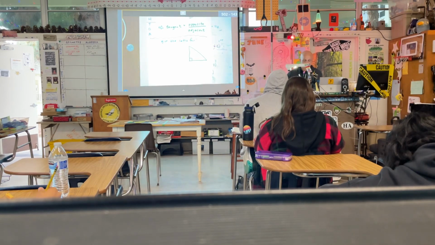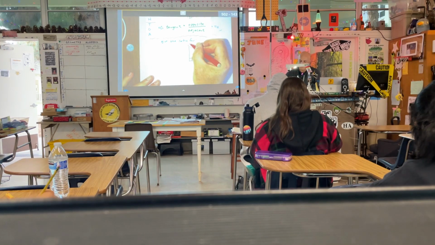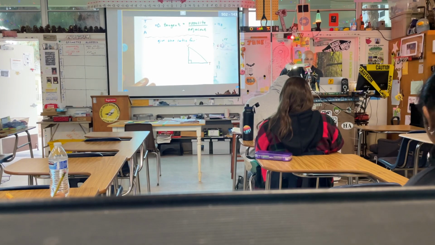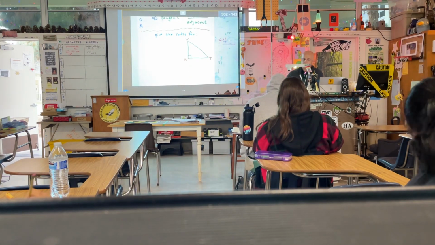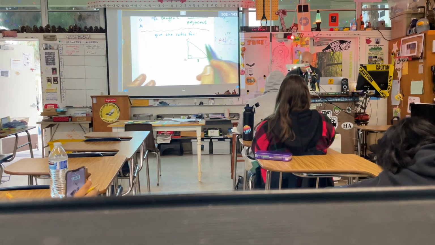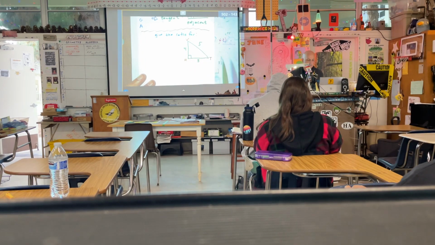Okay. And I'm going to name these angles V, T, and U. And I'm going to assign these sides values that are 3 units in length, 4 units in length, and 5 units in length.